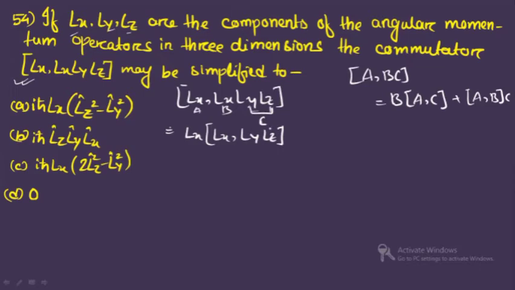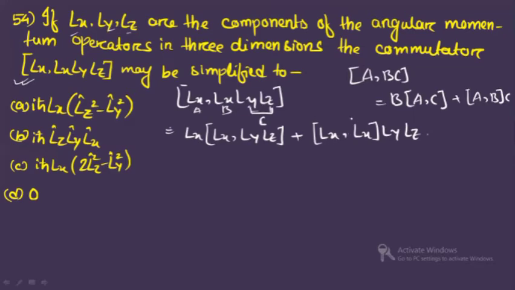This is how you can write. Now already you know that the commutation of Lx with Lx is 0, so this entire term is becoming 0.